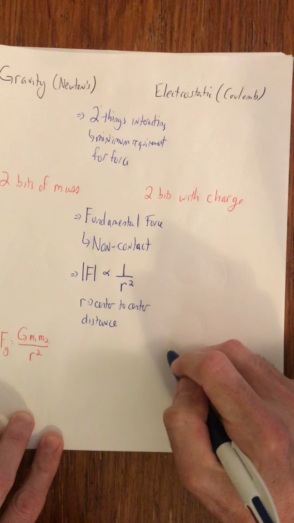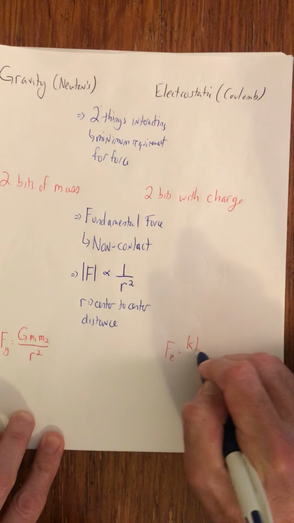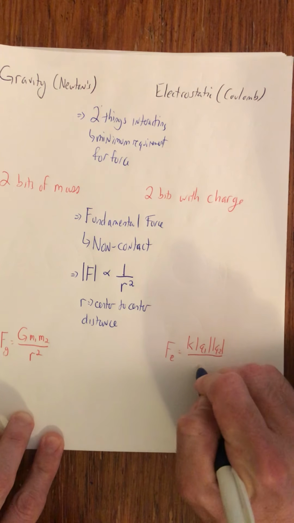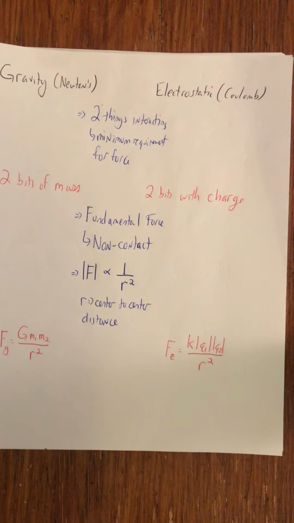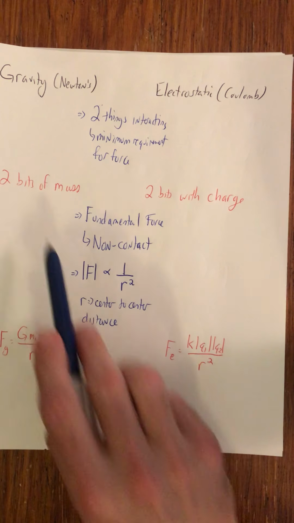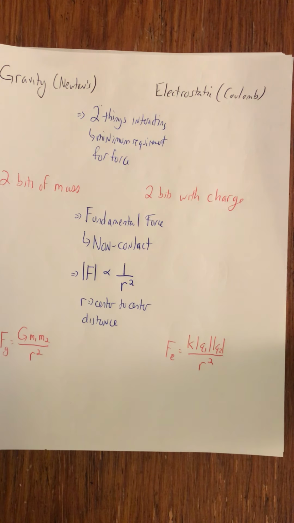And then the electrostatic force, Fe, is equal to k, magnitude of Q1, magnitude of Q2, over r squared, right? So we see that inverse square dependency as a similarity. We see mass here, we see charge here as a difference, right?